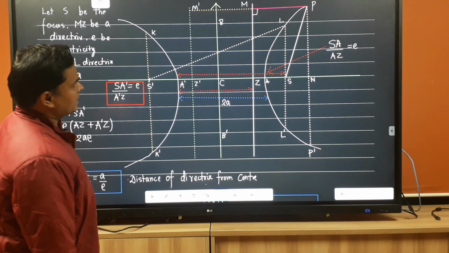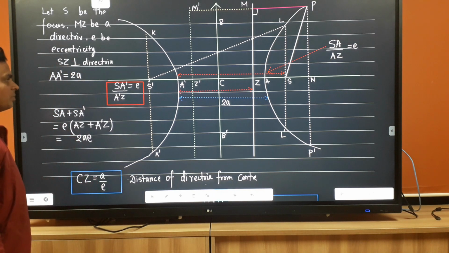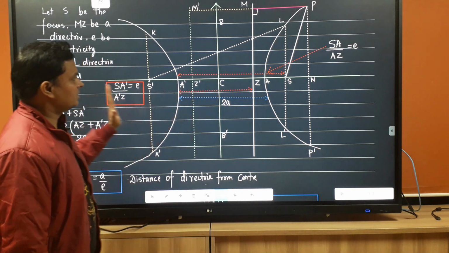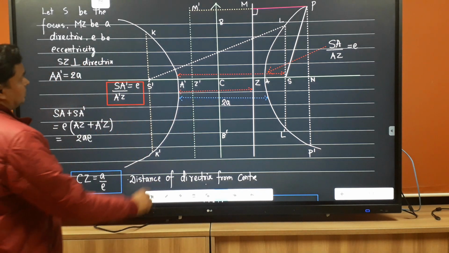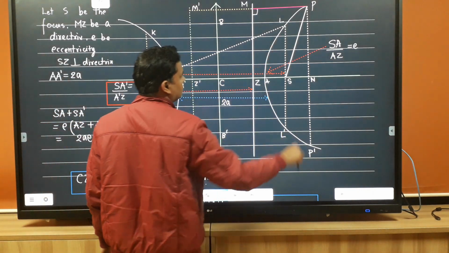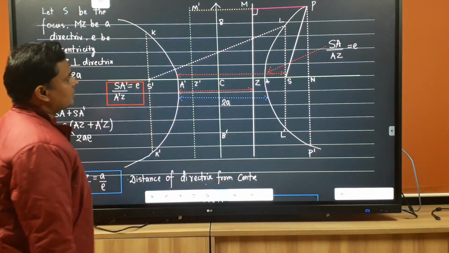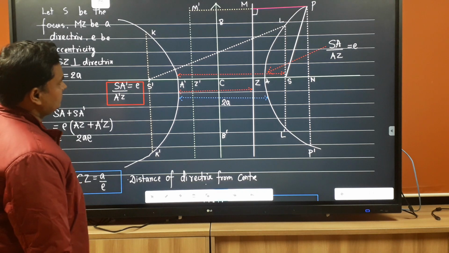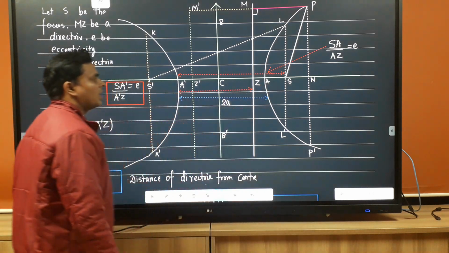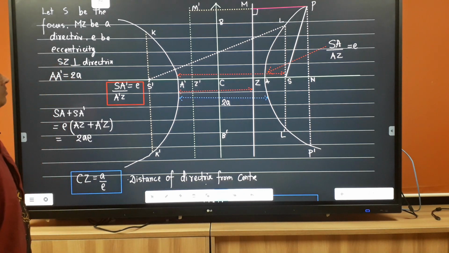C is the center of the hyperbola, or here you can refer to it as the origin in the standard case. Now this curve and this curve are our hyperbola. S and S dash are the foci of the hyperbola.